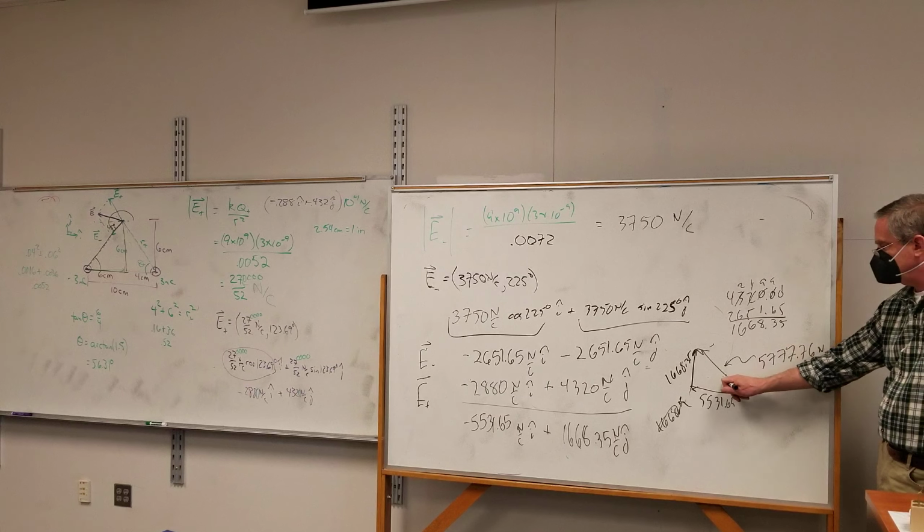So if I express the total electric field, we'll just squeeze it in right here. My electric field has a magnitude of 5,777.76 newtons per coulomb, and my angle is 163.21 degrees.